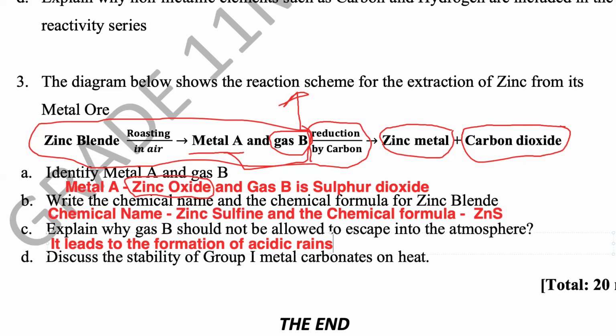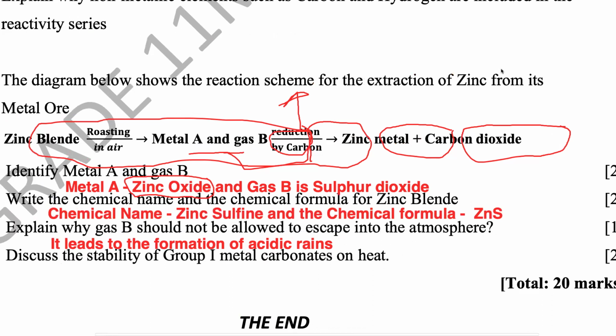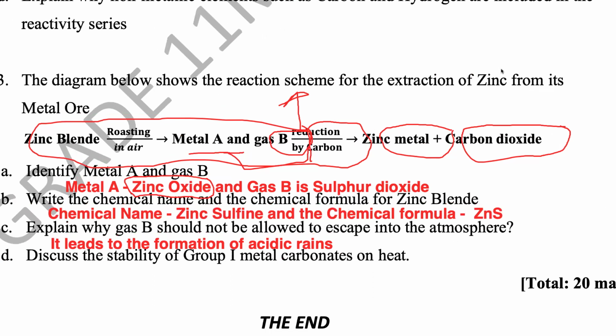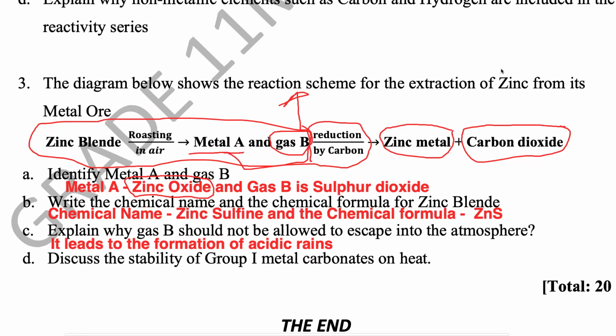When the question goes as far as asking about environmental effects, that's when you can gladly bring in those other things. But the question says why it should not be allowed to escape. It's because it can lead to the formation of acidic rains, and save on the time. Remember here, it was just a single mark, so you don't need to explain putting up paragraphs and stuff like that.